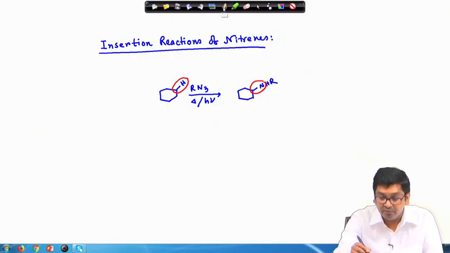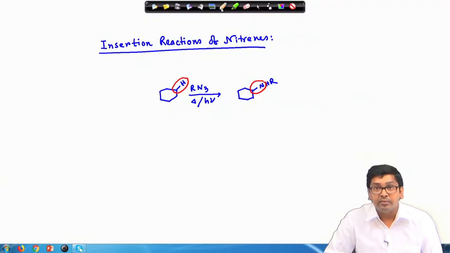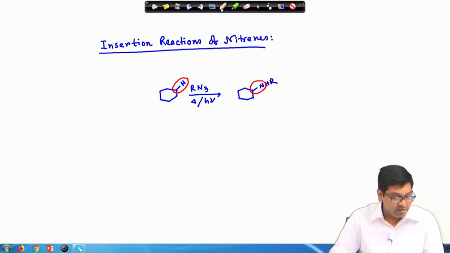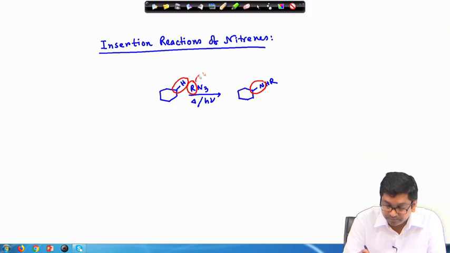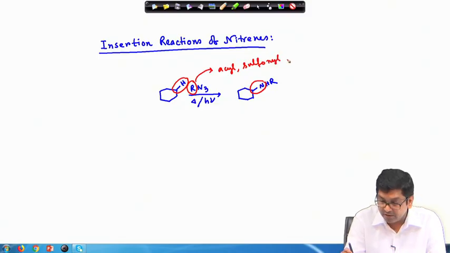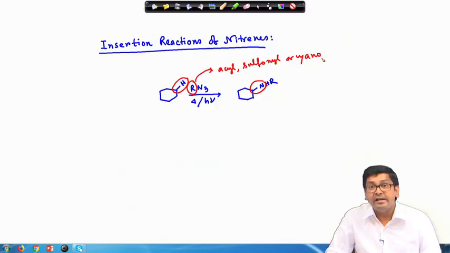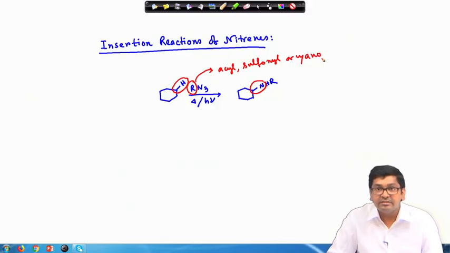Now, what kind of nitrenes will give facile reactions for amination, or rather carbon nitrogen bond formation? For example, if R equals acyl, sulfonyl or cyano, they give very facile reactions; the insertions of these nitrenes are very facile in generating the desired product.